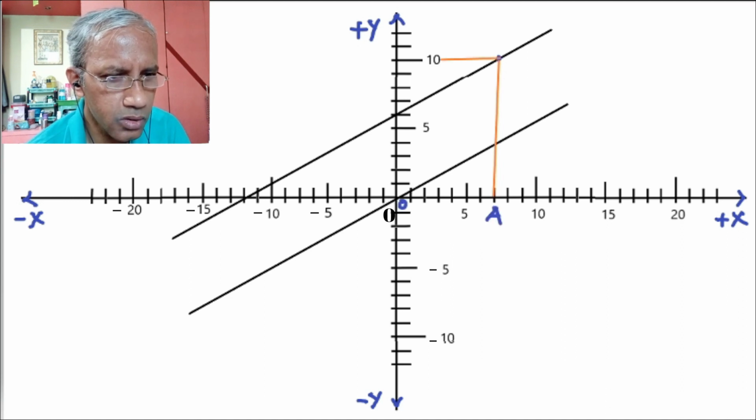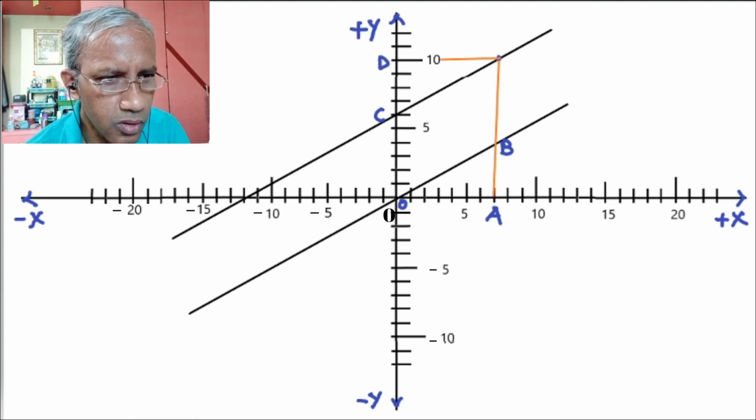And the length along the x-axis is OA, that is 7. And the point where the vertical line from A cuts the line passing through the origin is B. And the point cut by the arbitrary line, parallel to this line passing through the origin, at the y-axis is C. And the value of the total height from the point chosen from the base is OD, which is 10.